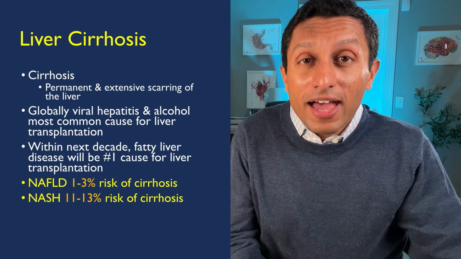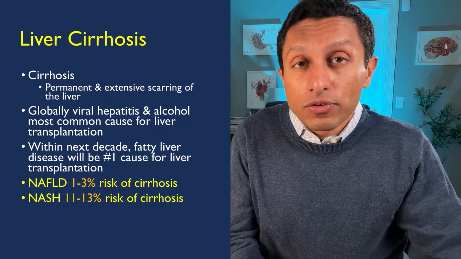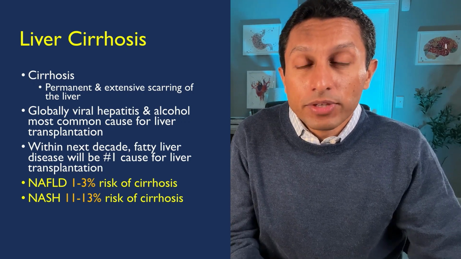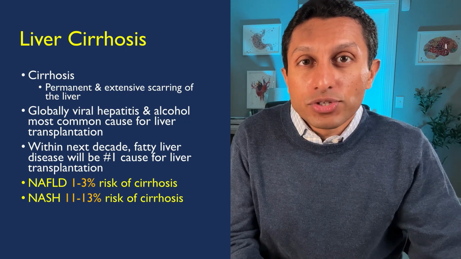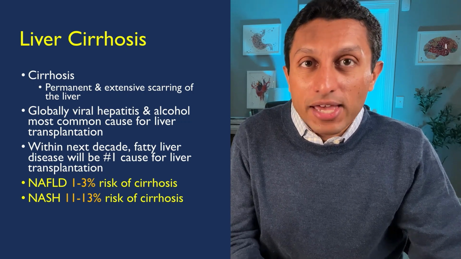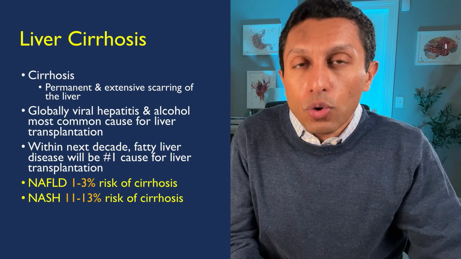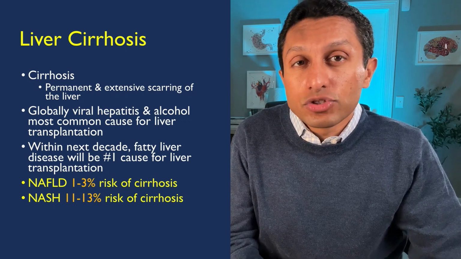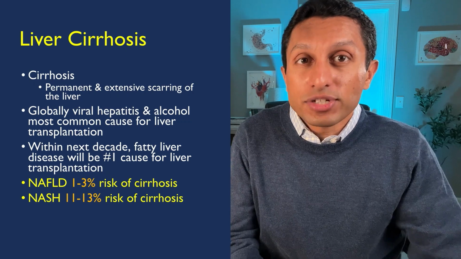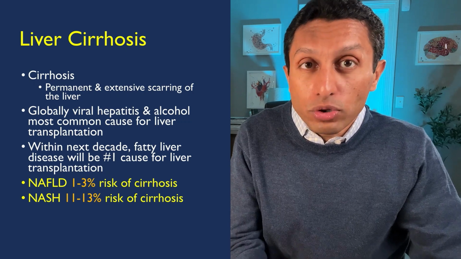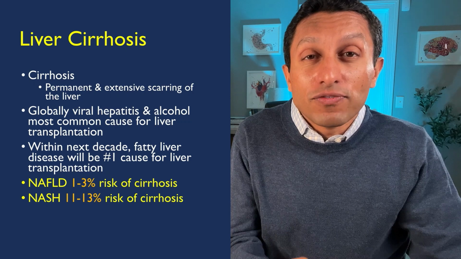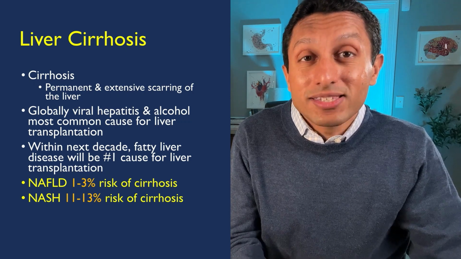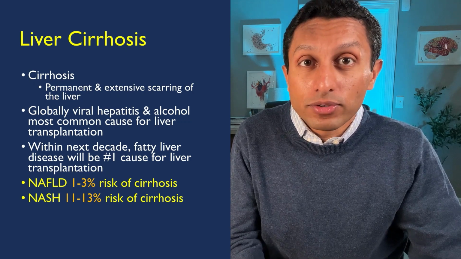For those that have NAFLD or fat in the liver with minimal inflammation, the risk of developing cirrhosis is about 1 to 3%. While someone with NASH or fat in the liver with inflammation, the risk of developing cirrhosis is 11 to 13%. More importantly, those with NASH develop cirrhosis at twice the speed as those with NAFLD.